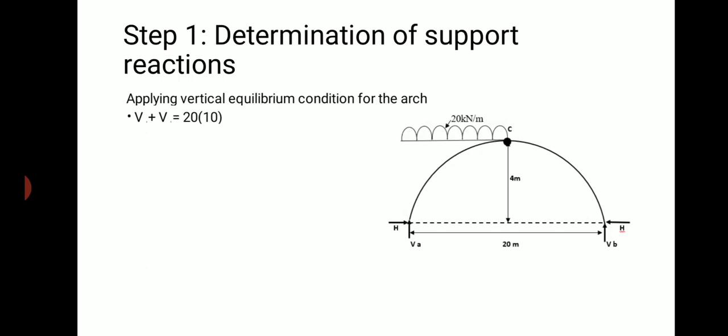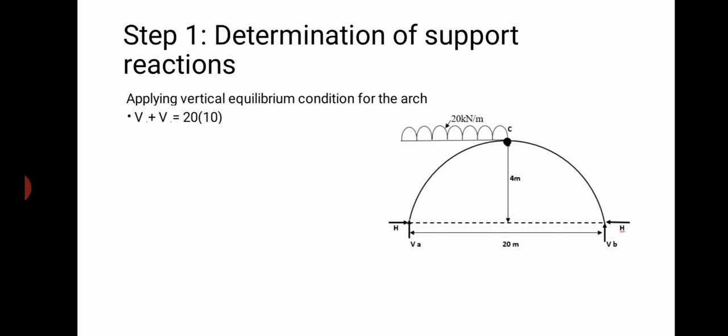Why 20 into 10? Because 20 kilonewton per meter means that for 1 meter of span a 20 kilonewton load is acting.